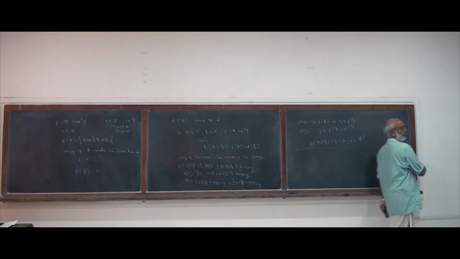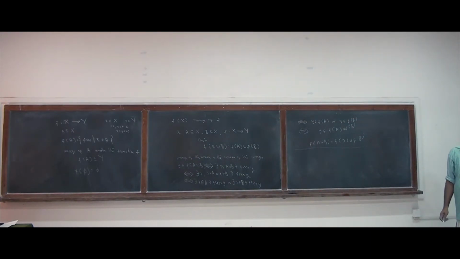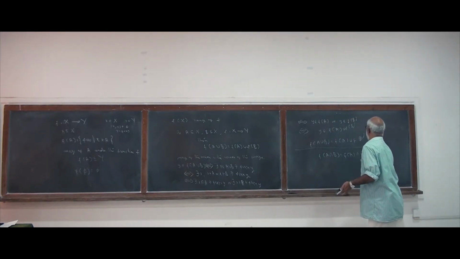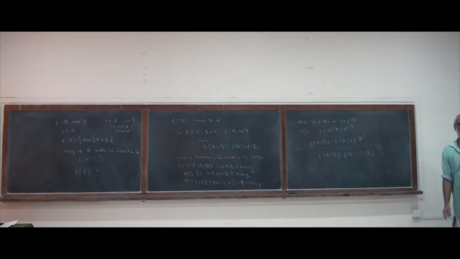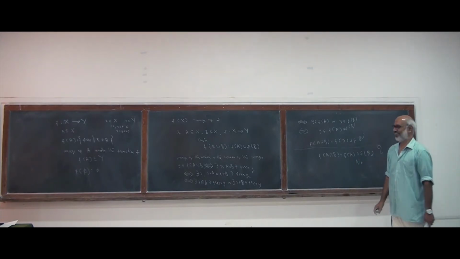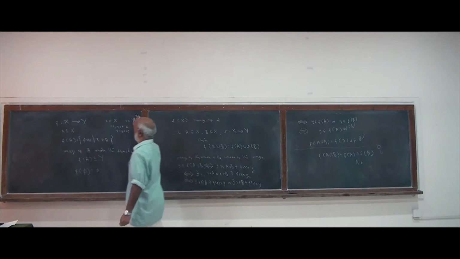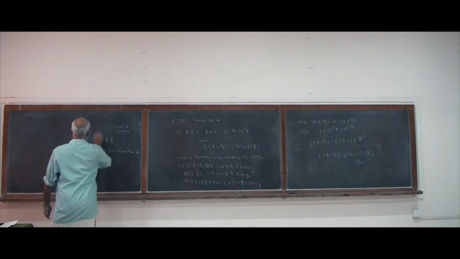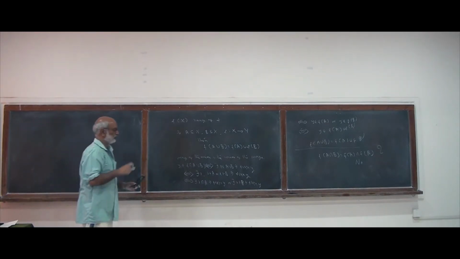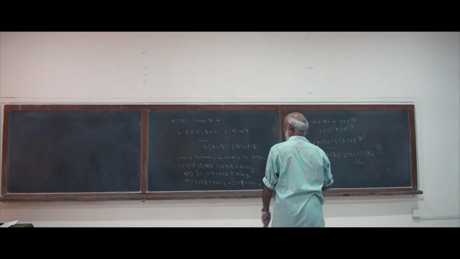If you get such a result about unions of two sets, it is natural to ask whether there exists a result for intersections. So the question is whether f of A intersection B is equal to f of A intersection f of B. No. Okay, let me take an example.